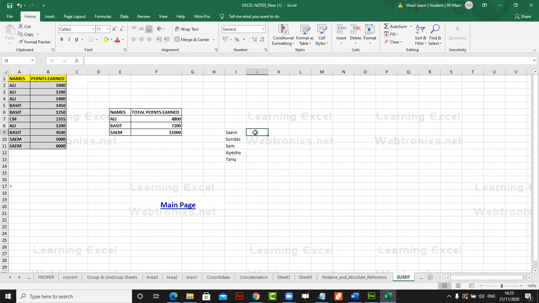If it's starting with S, what should I do? Count the cells that contain any word that starts with S.